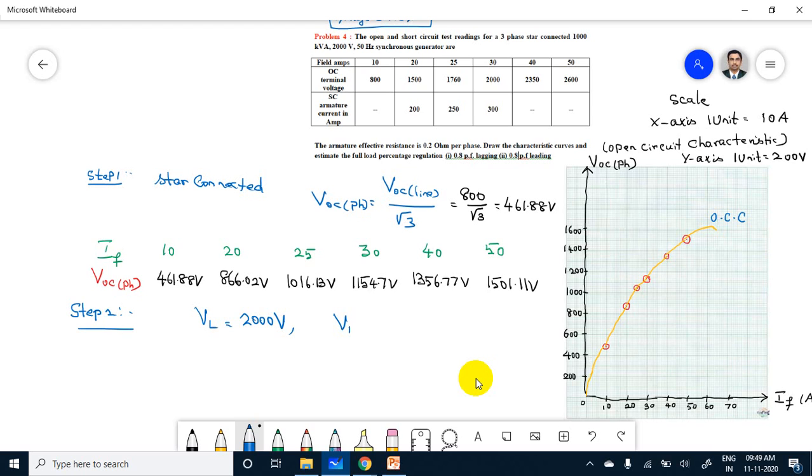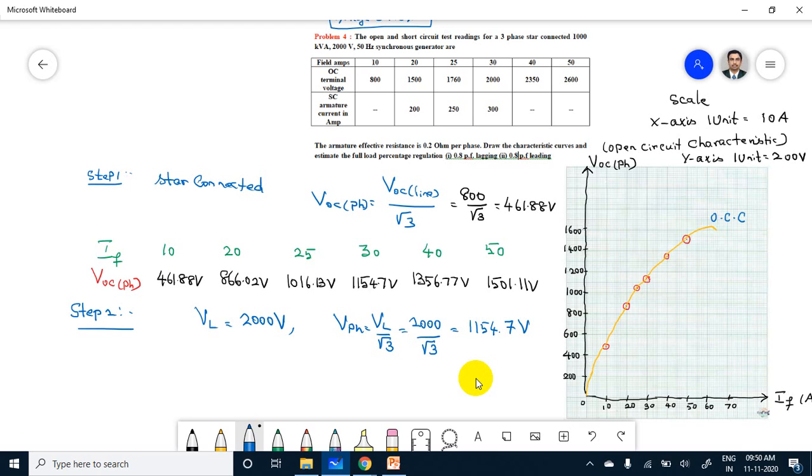So V phase equals VL by root 3. So 2000 divided by root 3, you will get 1154.7 volt.